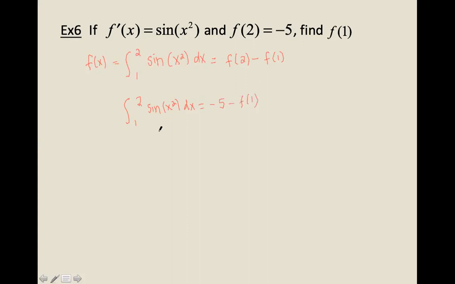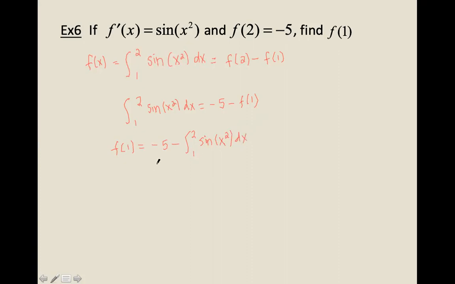So I'm going to move my f of 1 to the other side. So f of 1 would be equal to -5 minus this integral from 1 to 2 of sine of x squared. And if you haven't noticed, this is one of those cases I was just talking about, where they give you something you can't evaluate by hand. We're going to have to use a calculator for this one.